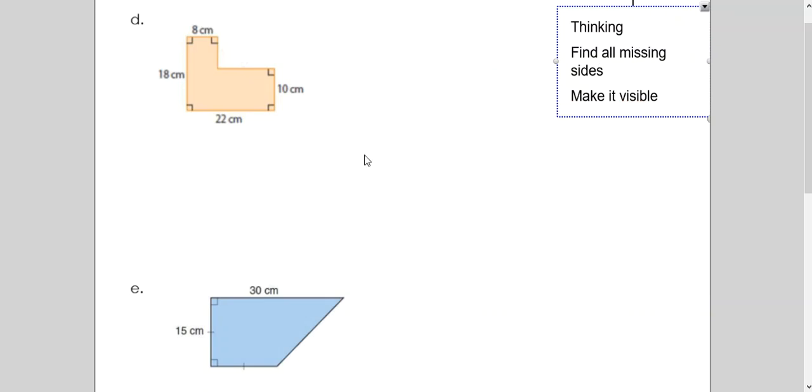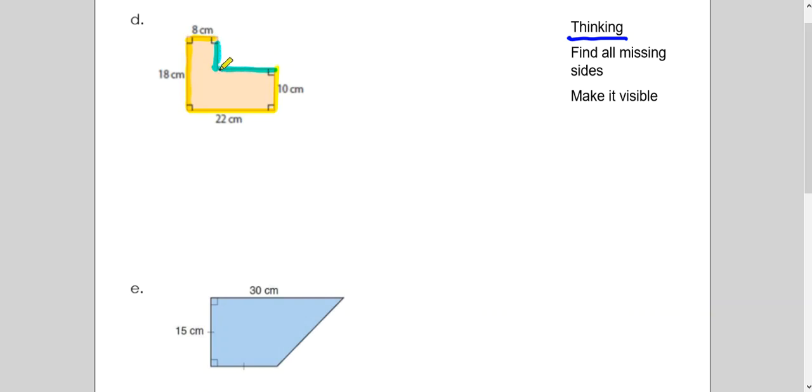So don't try to find the missing side right away, or find the missing side as you're adding up the sides. For example, I'm going to use my highlighter here just to prove a point. I've got this side, I've got that side, and I've got that side.